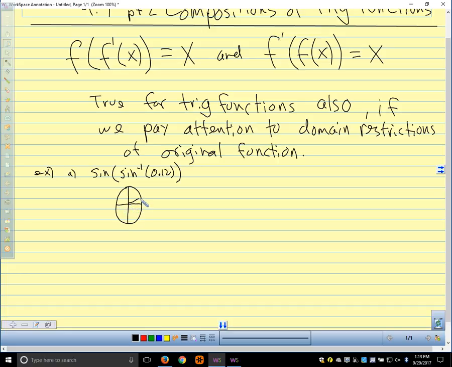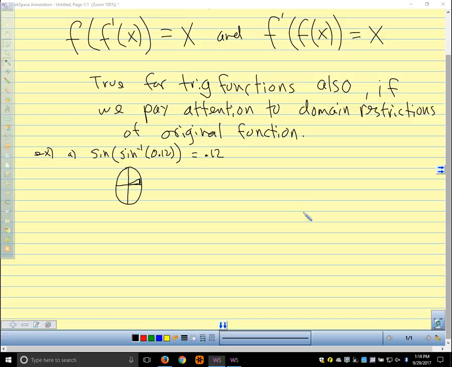There's an angle between negative pi over 2 and pi over 2. The 0.12 is pretty small. There's the sine, the y coordinate, and there's that angle whose sine is 0.12. That angle is between negative pi over 2 and pi over 2, so these two just undo each other. That makes sense. That's how inverse functions have always acted.